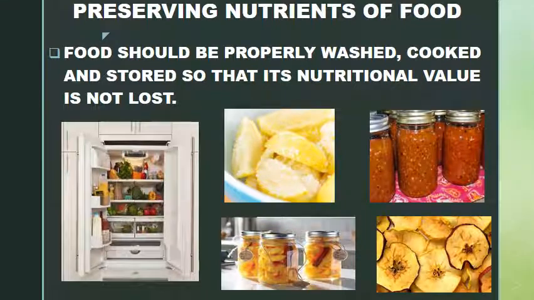Even fruits and vegetables should be washed properly. There are different methods by which we can preserve and store food. These are canning, freezing, salting, dehydration, and sweetening. In this way, food does not lose its nutritional value.